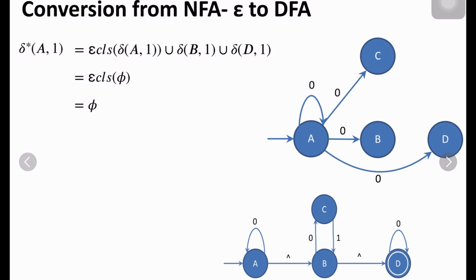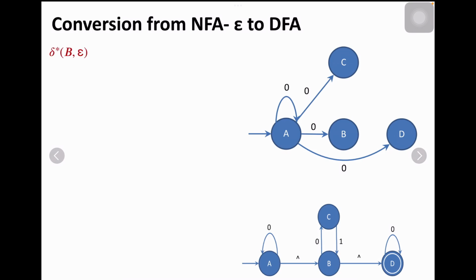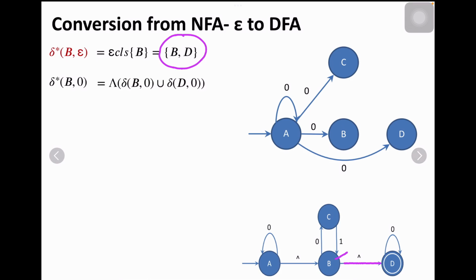Take B. B on epsilon: again you have to find the E-closure. B can reach D, so the E-closure of B is B and D. Then find the transition for B on input 0 and 1. B on 0: E-closure of B comma 0 union D comma 0.